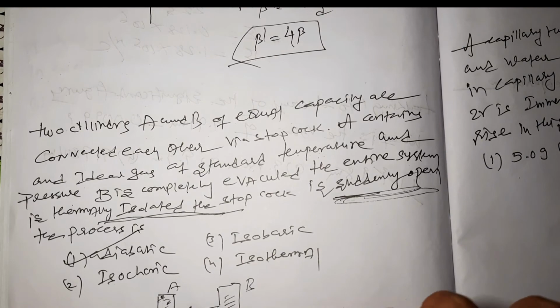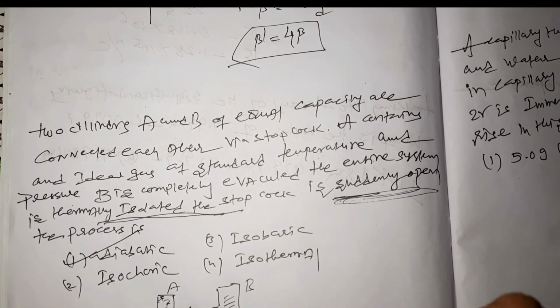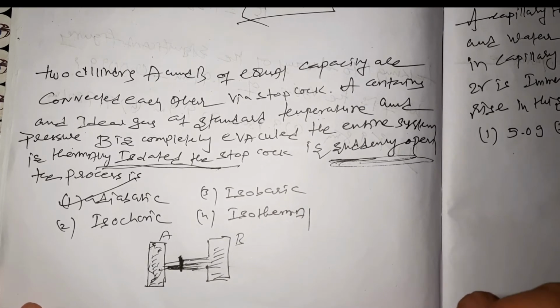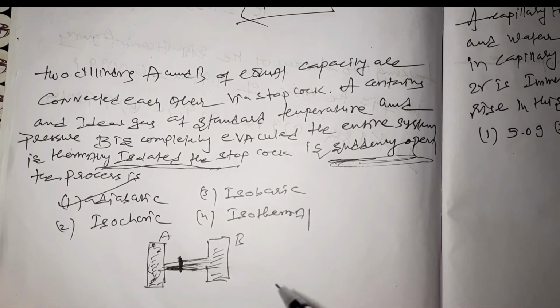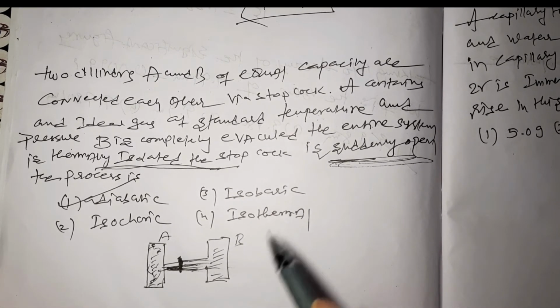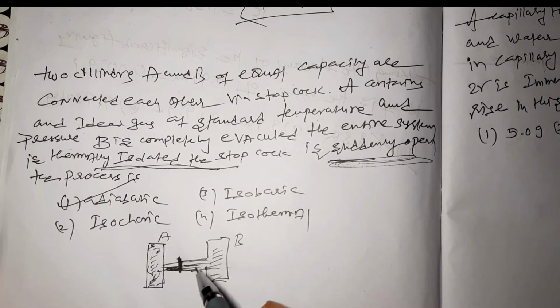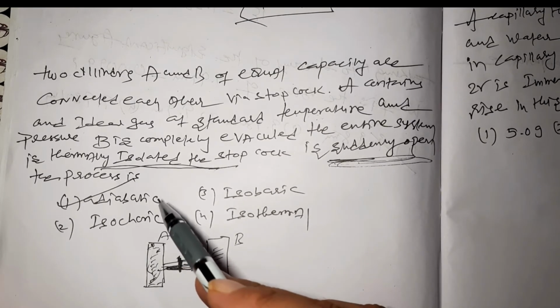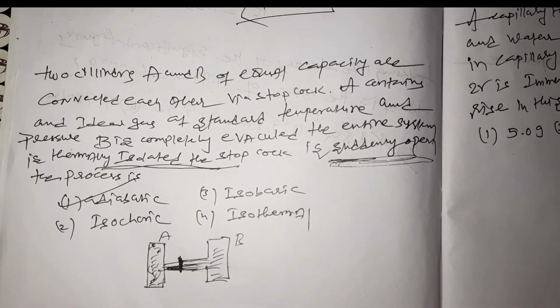So our option is adiabatic. This is a quick process, so there is no time to exchange heat between the system and surroundings, and also the cylinders are thermally isolated. So 100% we say that this is an adiabatic process.